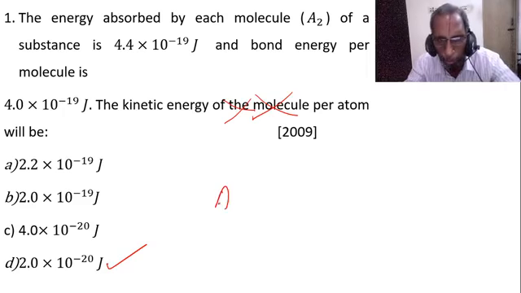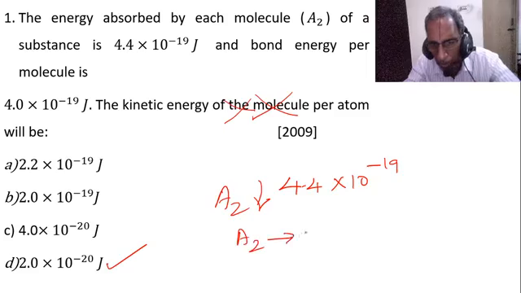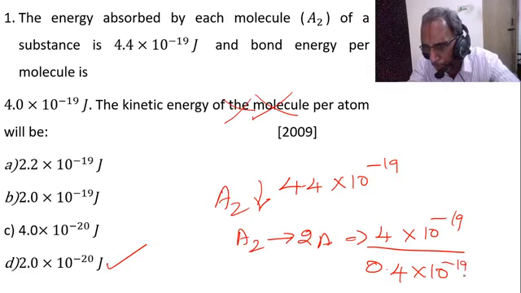So A2 takes the energy 4.4 into 10 power minus 19 joules. But for A2 to become 2A, 4 into 10 power minus 19 joules are spent. What is the remaining energy? 0.4 into 10 power minus 19 joules are there for 2 atoms.